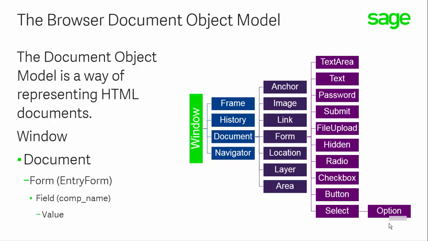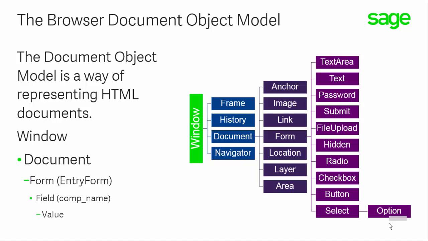It's a subset of that family of markup languages, and it has a very logical structure which can be imagined as being like a tree, or rather a collection or forest of trees, because a document can contain more than one tree. A document can contain multiple forms. Each form contains multiple fields. Each field can be of a variety of types and can have values within it.